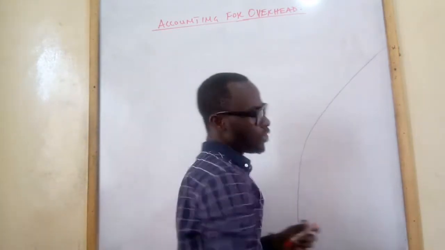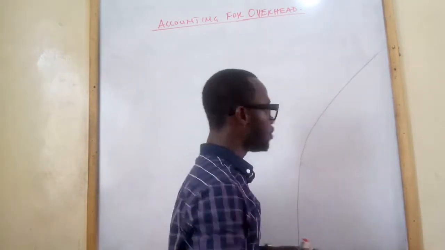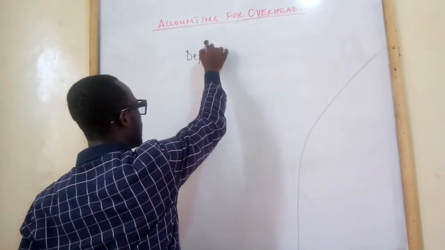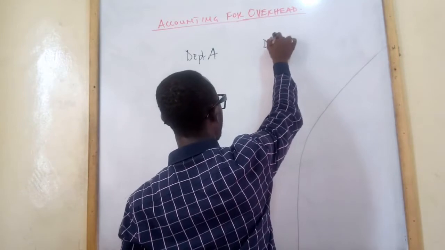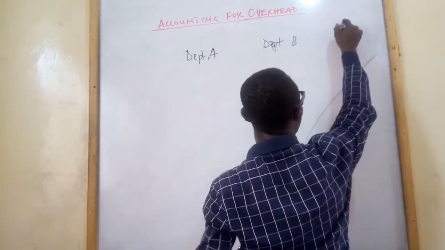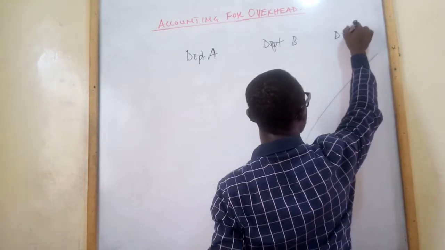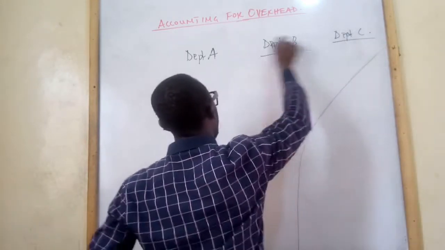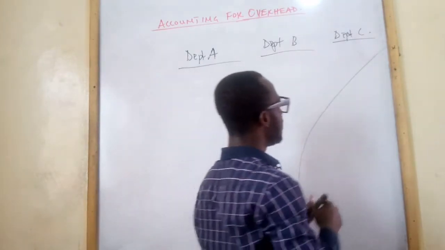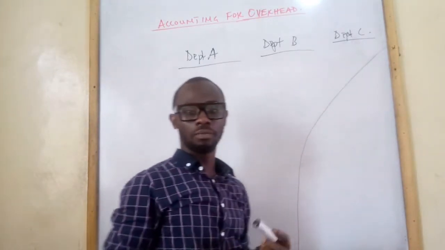The guide I want to give you is this, that for instance, a company has 2 departments. So department A and department B. And then they have a department C. Now department A and B are the production departments, and department C is the service department.